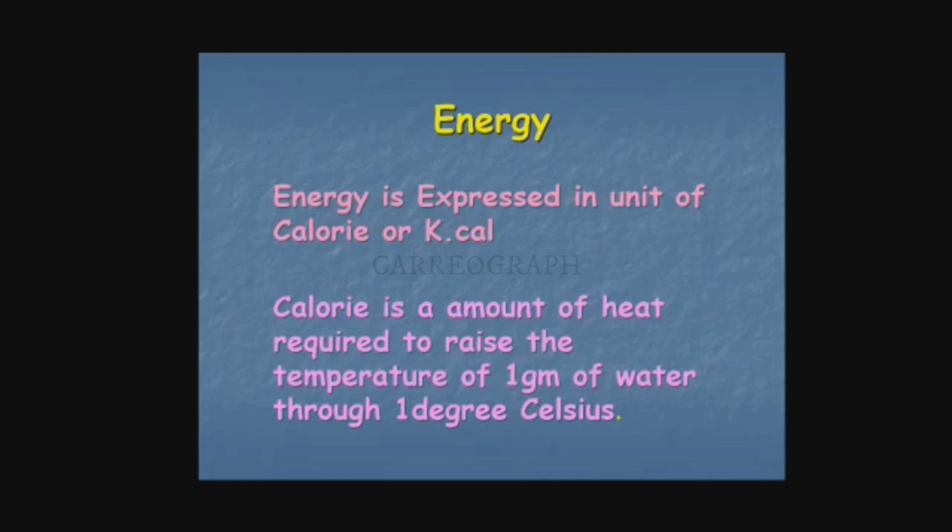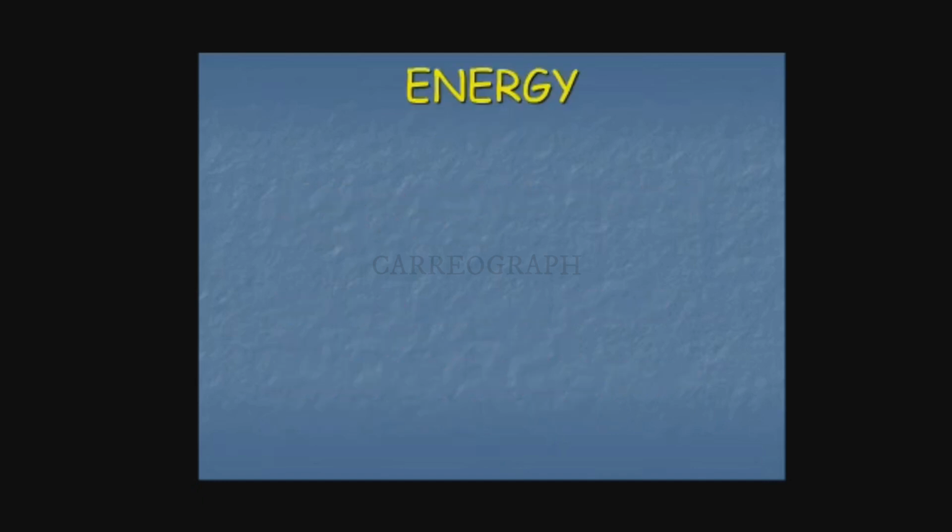As we have seen, this energy is stored in the form of ATP, and we get this ATP after the catabolism of glucose. See friends, when 1 molecule of glucose is catabolized, we get 32 molecules of ATP along with water and carbon dioxide.